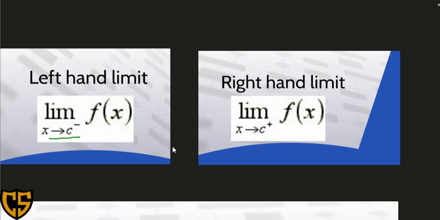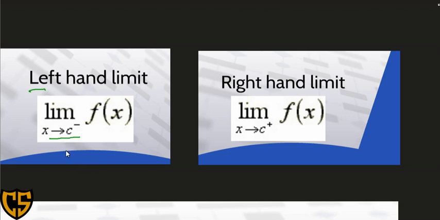What does it mean if we have a limit approaching from the left and from the right? A left-handed limit, or approaching from the left, means that we are going to substitute values which are less than the specified limit.